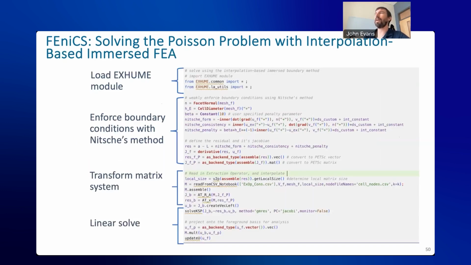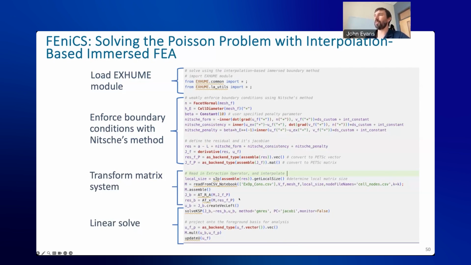With interpolation-based, there are only a couple of additional steps. We first have to load the Xiang module that allows us to pre and post multiply by that extraction operator that I described earlier. You need to enforce boundary conditions weakly with Nitsche's method, which turns out to be the most amount of code that you need for interpolation-based immersed analysis.